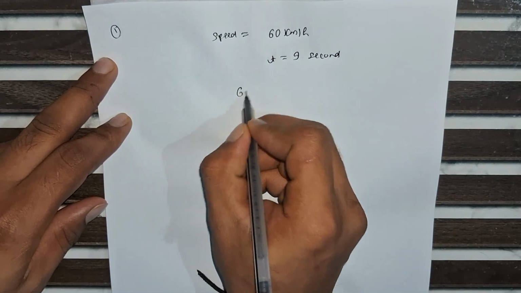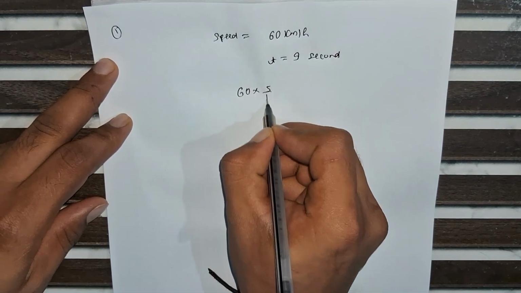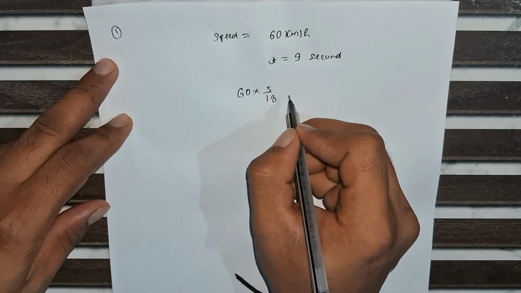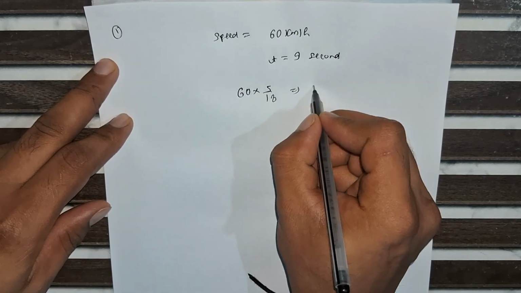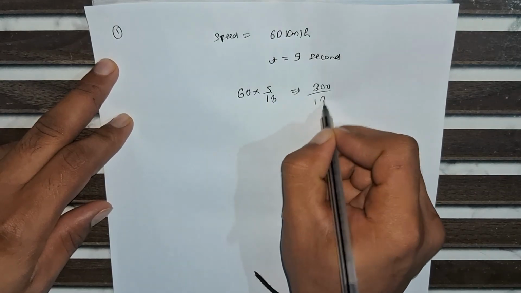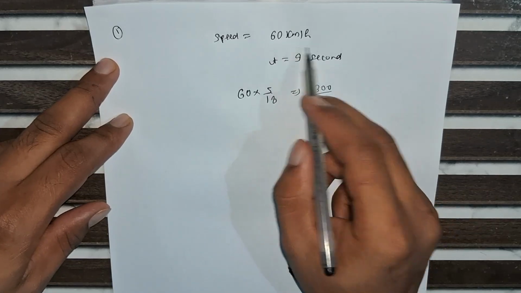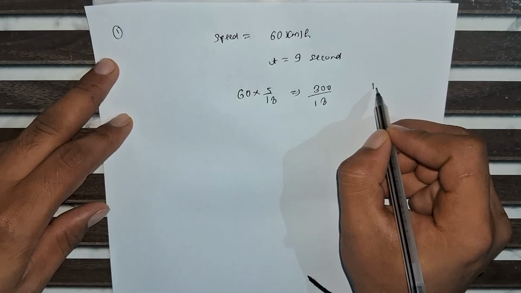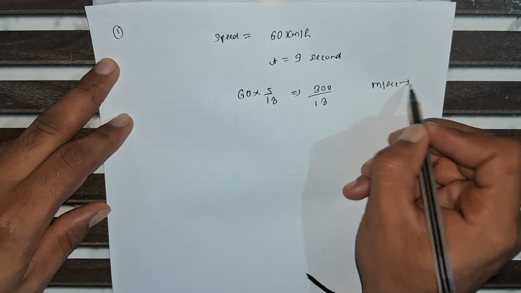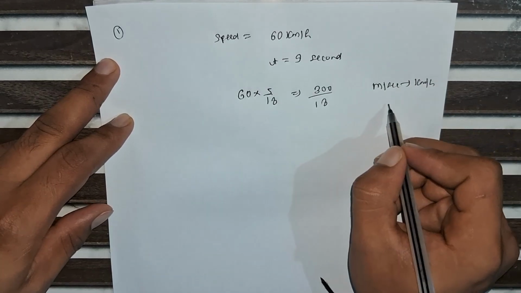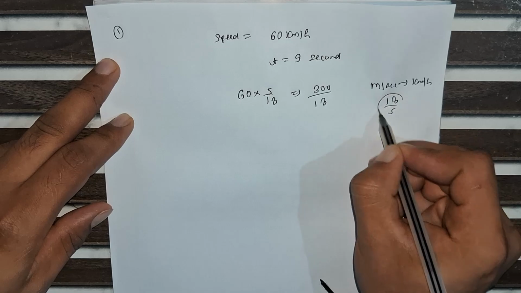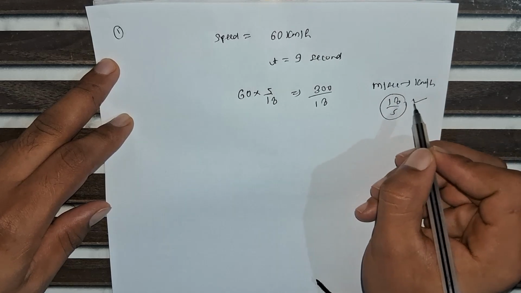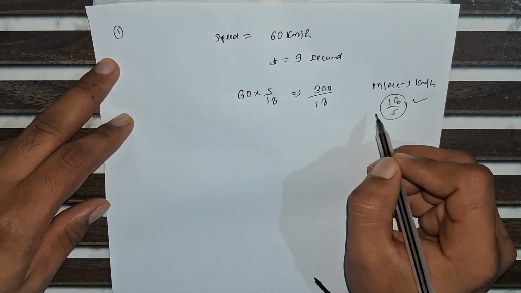We multiply 60 into 5 by 18, which gives 300 by 18. If you convert kilometer per hour to meter per second, we multiply by 5 by 18. If you convert meter per second to kilometer per hour, we multiply by 18 by 5. These are the two important things we have to remember in problems based on trains.